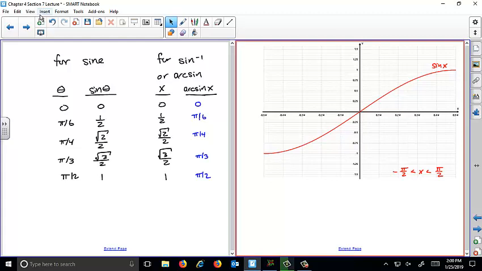But if you did that, it would still not be 1-to-1. If we looked at the sine function from 0 to pi, it would look something like that, and so it's not 1-to-1 in that case. So the only option that makes any sense is between negative pi over 2 and positive pi over 2.